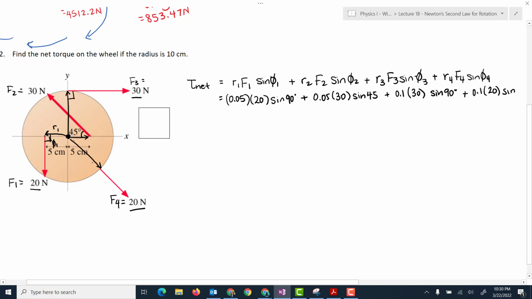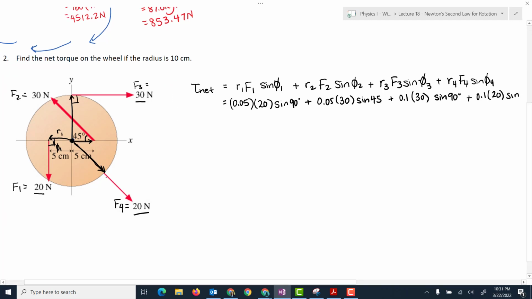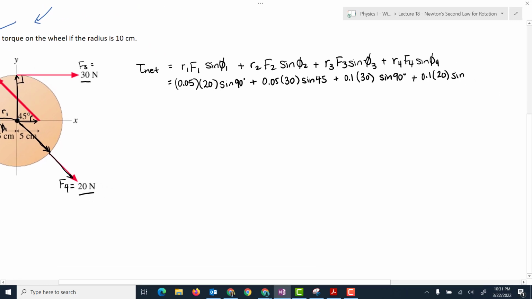Angle 4 is the angle between this vector we drew and this vector over here. Well, they are really the same vector, pointing in the same direction. So whether we think of that as 0 degrees or 180 degrees, it doesn't matter, because sine of 0 and sine of 180 are both 0.